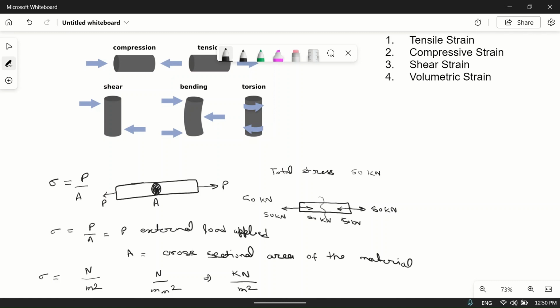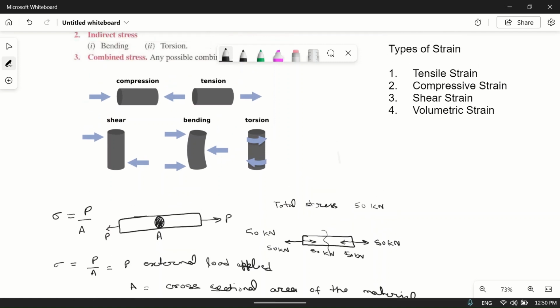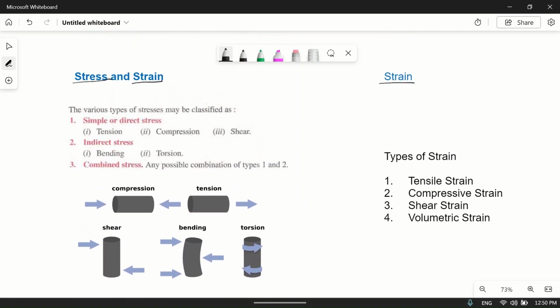Okay, so this is the unit of stress. So let's see what the types of stresses are. First one is tension, then compression, then shear. These three are called the simple or direct stresses.